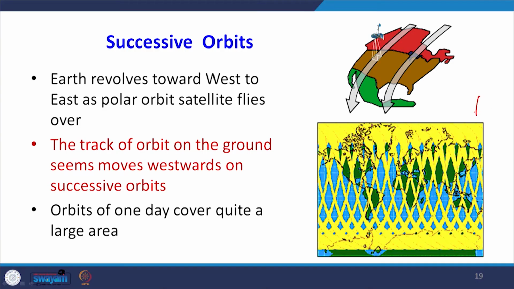Then there are successive orbits. I have shown you the orbits on a globe. If I open the globe into a two dimensional piece, we get something like this figure.